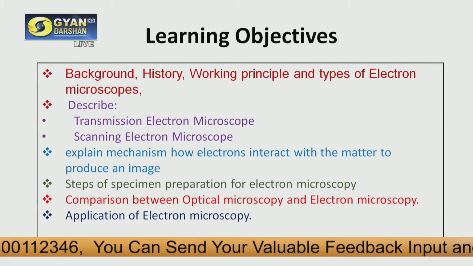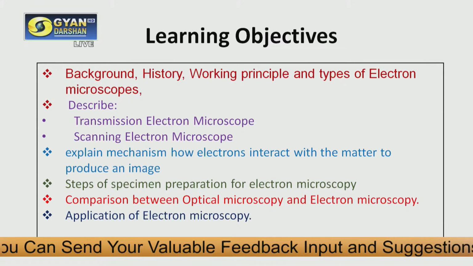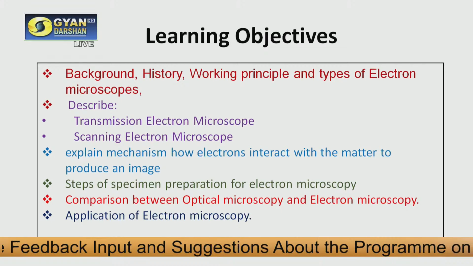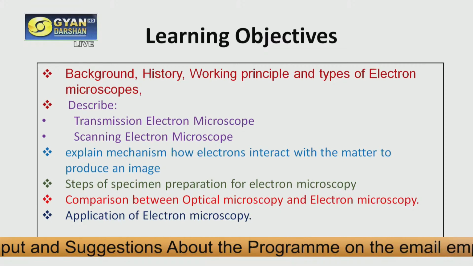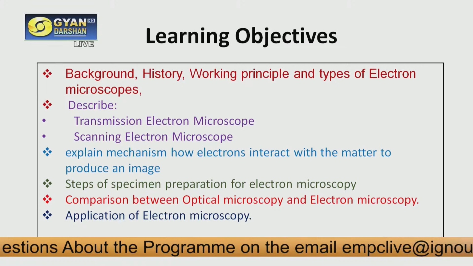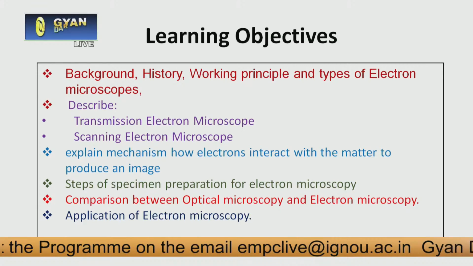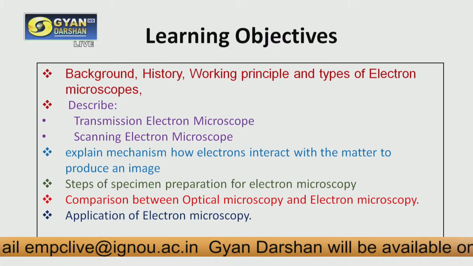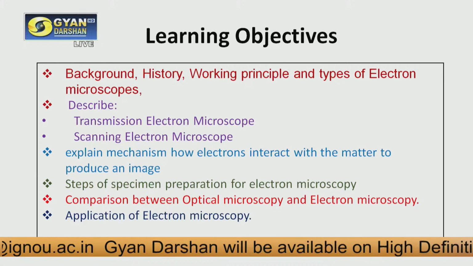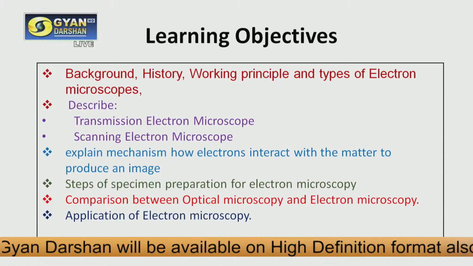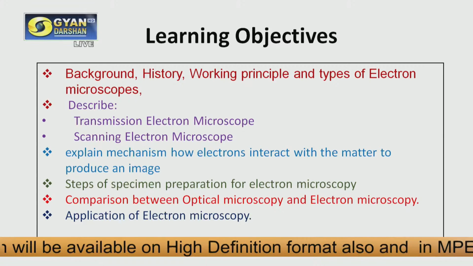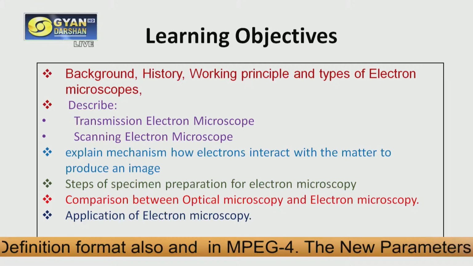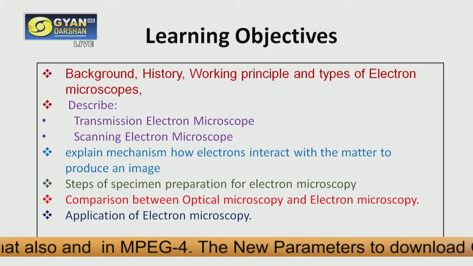We will discuss the transmission electron microscope and scanning electron microscope, and explain the mechanism behind producing a highly resolved image. We will also cover the steps of tissue fixation of the biological specimen required for electron microscopy, the comparison between optical microscopy and electron microscopy, and the applications of electron microscopy.